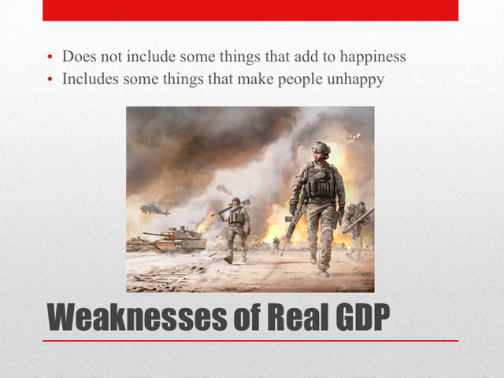So it's really hard to measure the kind of intangible benefits, things that make us happy. On the other hand, it includes some things that make us unhappy. For instance, divorce adds to GDP. Because when a couple gets divorced, they need to pay for lawyers. That's a service. They need to pay court fees and other things like that. So more people getting divorced actually adds to our GDP. That doesn't actually mean we're better off.